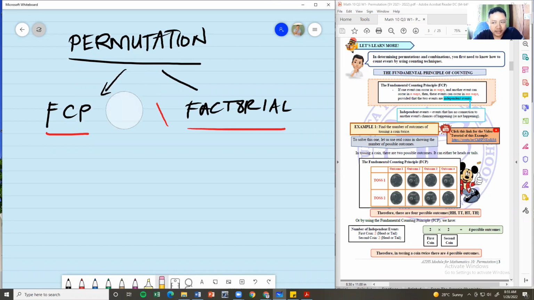When we say FCP, this is just a simple counting technique that makes it easier for us to count numbers. For example, when we were children, we were already taught FCP, or the fundamental principles of counting.